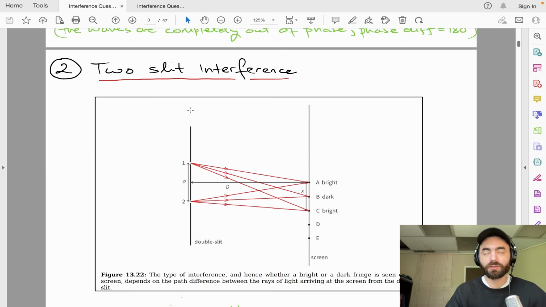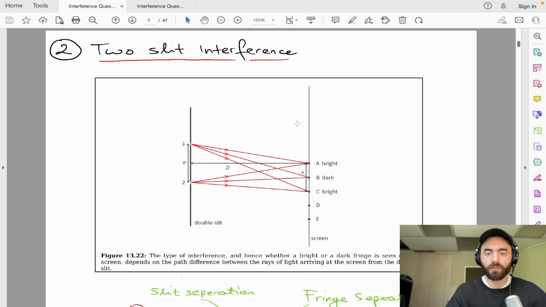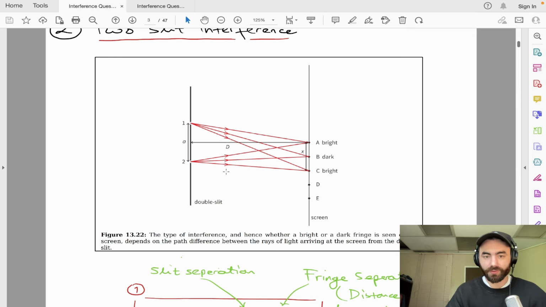The way this can happen is through the slit experiment. It's a very important experiment, but all you need to know is this equation. You have a coherent source coming in here, and it hits these slits. When it hits the slits, it spreads out, and the two waves produced from those two slits spread out and interfere.